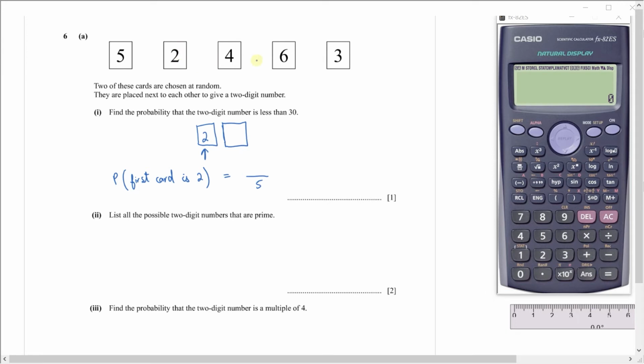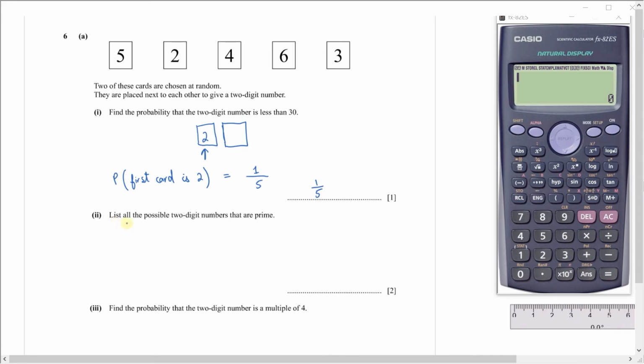So only one of the cards is 2. So the probability that you pick 2 is 1 by 5. You don't care about the second card. So this will be your final answer, the probability of picking the card that is number 2. So 1 over 5 will be the probability.